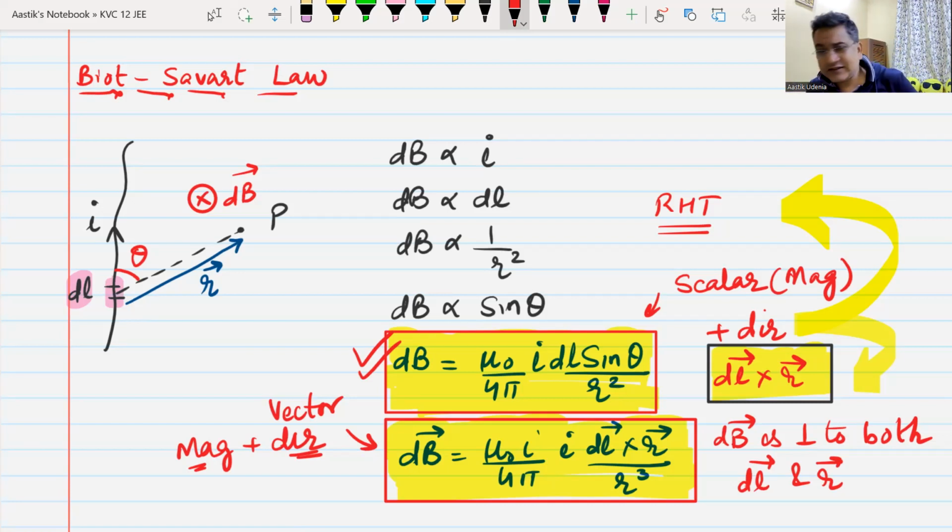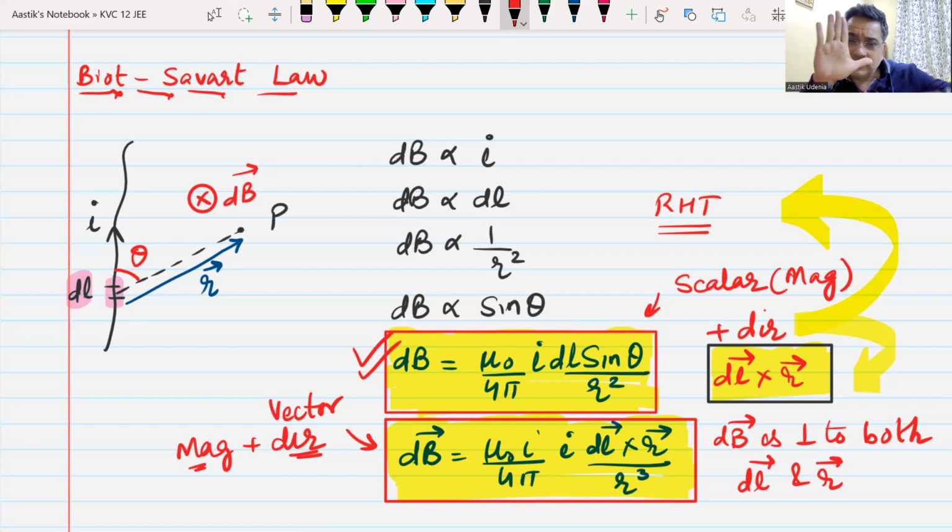This RHT is known as the right hand thumb rule. It gives the direction of the cross product of two vectors. If your first vector is A, you put your right hand thumb in the direction of the first vector.